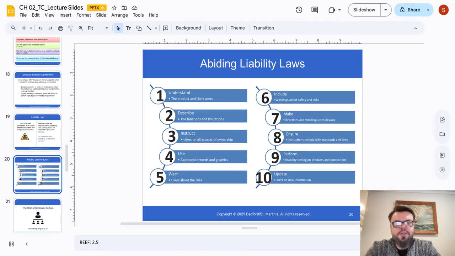Eighth, instructions must comply with standards and laws, which may differ by country or region. Ninth, organizations must perform usability testing on both products and instructions. And finally, if new risks emerge, companies must update users because ethical responsibility doesn't end when a product ships.